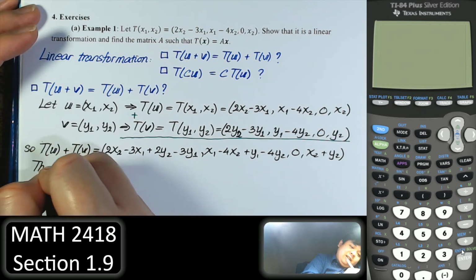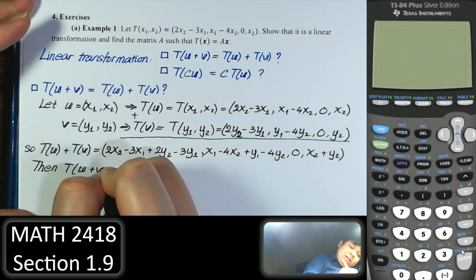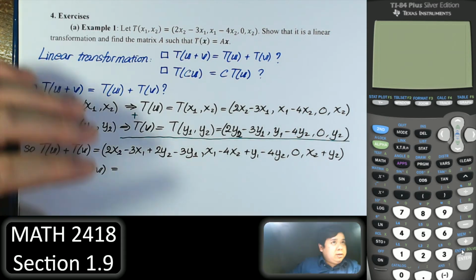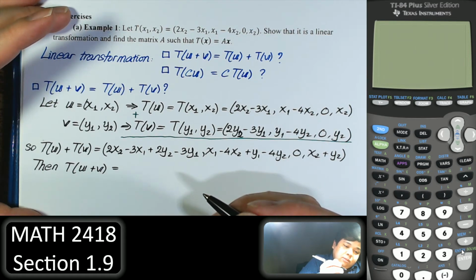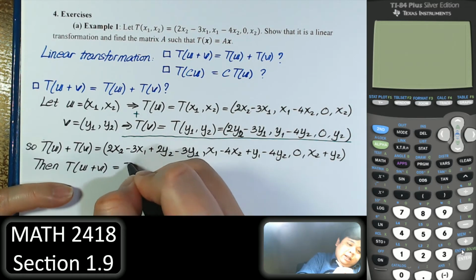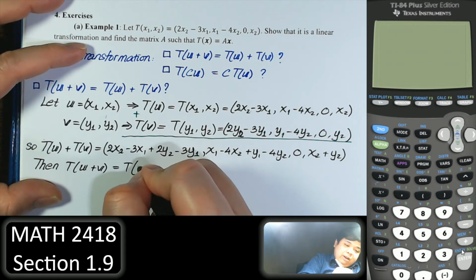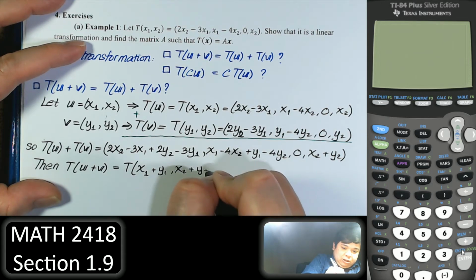Then T of u plus v. If we add u and v, we will have x1 plus y1, x2 plus y2.